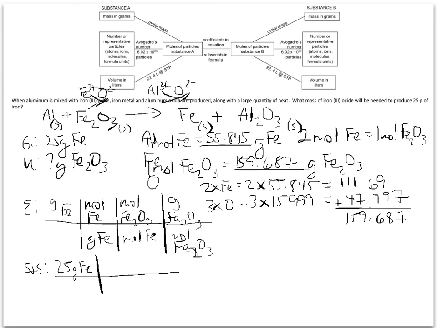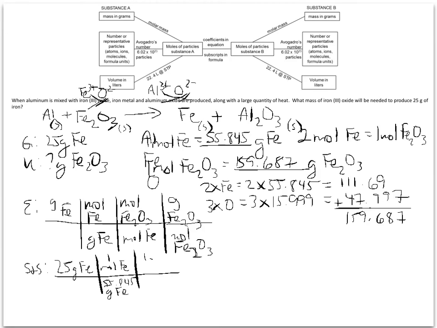And then we look at our first equivalent statement for moles and grams. So that's 1 mole of iron is 55.845 grams of iron. And then we look at the second equivalent statement, our mole to mole ratio from our balanced equation.